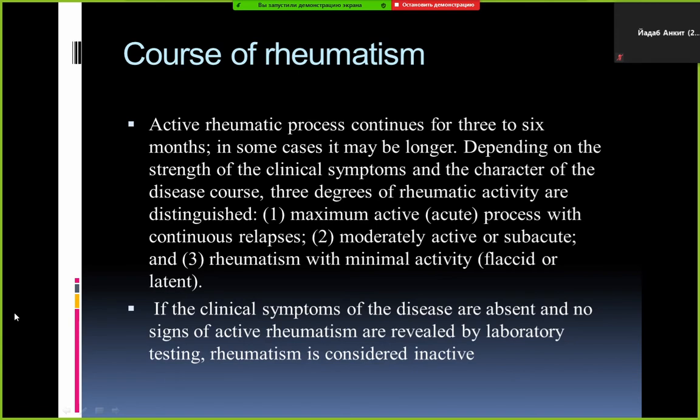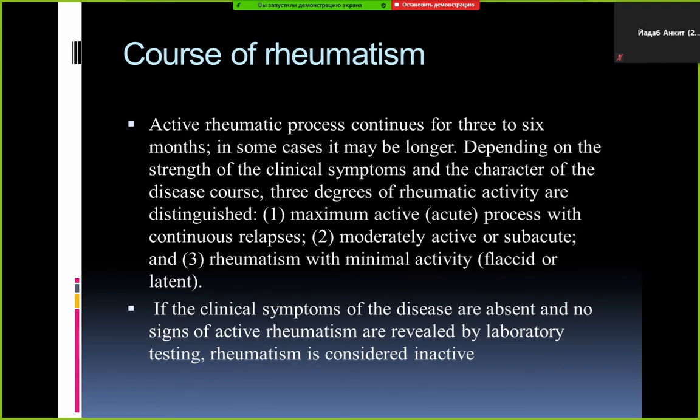Course of rheumatism or acute rheumatic fever. Acute rheumatic process continues for 3 to 6 months. In some cases it may be longer, depending on the strength of clinical symptoms and the character of the disease course. 3 degrees of rheumatic activity are distinguished: maximum, with continuous relapses, moderately active or subacute, and with minimal activity.